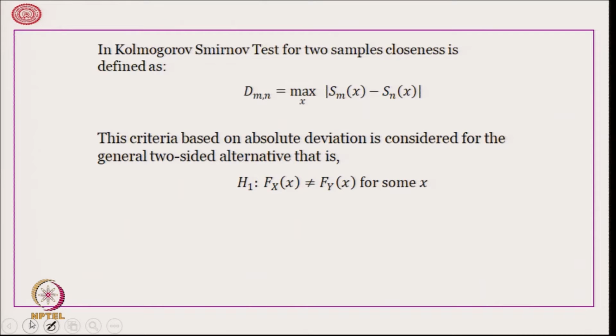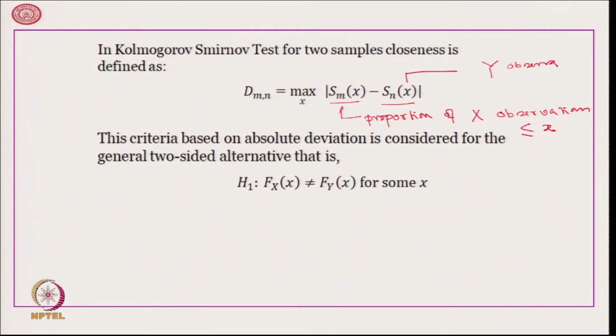The Kolmogorov-Smirnov test for two samples closeness is defined as the maximum over x of the modulus of S_m(x) minus S_n(x). So, what is S_m(x)? It is the proportion of x observations less than or equal to x, and similarly S_n(x) is the proportion of y observations less than or equal to x.